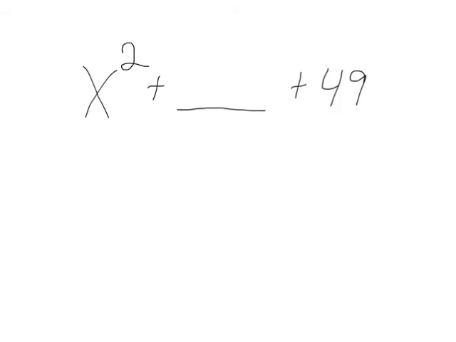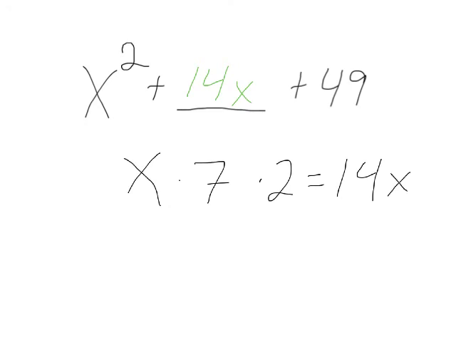The correct value that should go in that space that makes this a perfect square trinomial is 14x. I get that because the square root of the first term is x, the square root of the third term is 7, but I have to remember to multiply it times 2 to get the 14x.